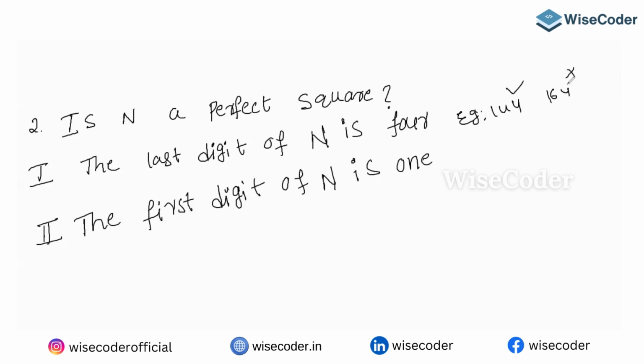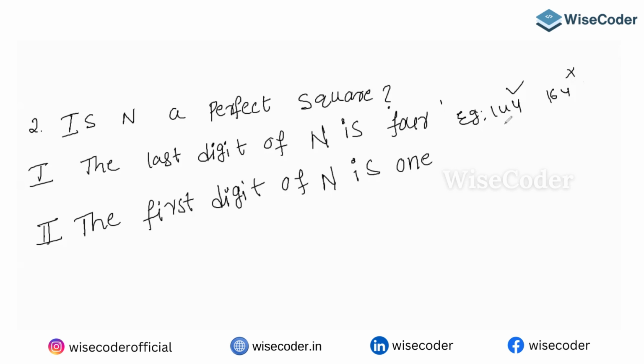Just because the number ends with 4 doesn't mean every such number is a perfect square. So 1 alone is not sufficient. Let's talk about statement 2 alone.